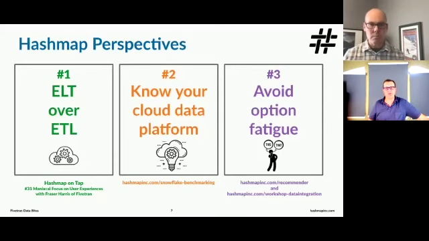In order to do that, you really got to understand what each of these cloud data platforms offers, and how do they do caching? How do they manage the uptime? How do they manage spin up, spin down, scalability, elasticity, those types of things? So check that out. The green and the orange, the ELT and the knowing that cloud data platform really go hand in hand.